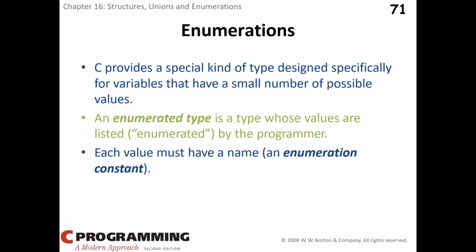So with enumerations, programmers list out all the possible values that a variable of that type can hold. And for each value in an enumeration, we assign a unique name known as an enumeration constant, and this constant serves as a symbolic representation of the possible values, which makes the code more readable and easier to understand compared to our two examples before.